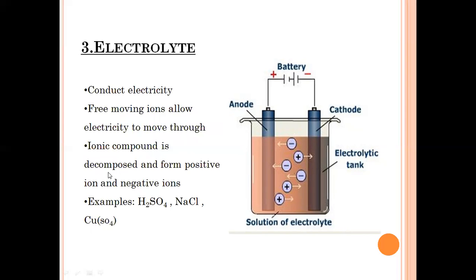If we use an ionic compound in this solution, it is decomposed and converted into positive and negative ions. Some examples of electrolytes are sulfuric acid, sodium chloride, and copper sulfate.